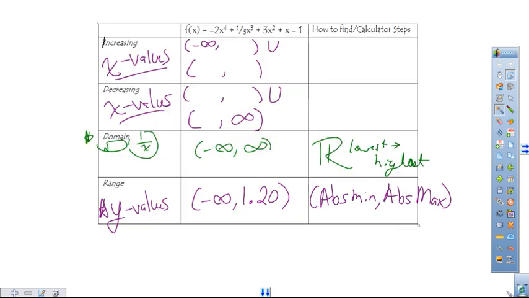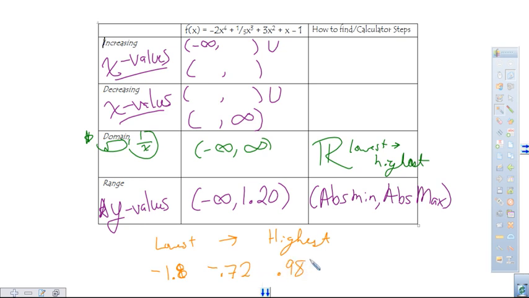And what I want you to do with those values is put them in order from lowest to highest. Okay? So I had negative 1.8, which is lower than negative 0.72, and then I had 0.98, which was positive. So you're going from lowest to highest.